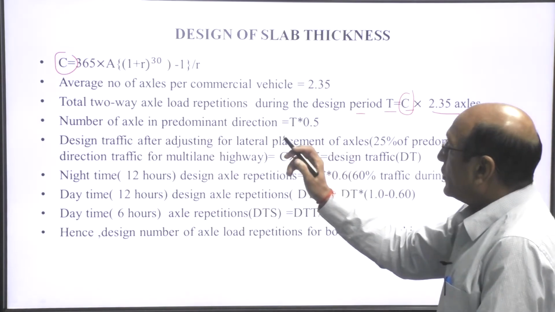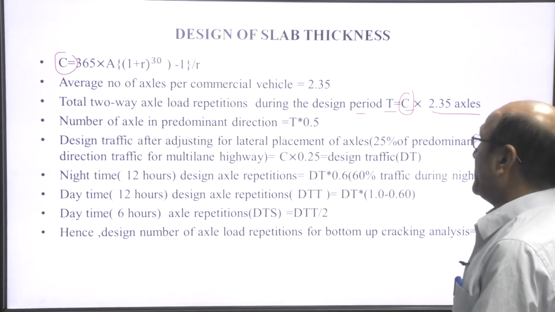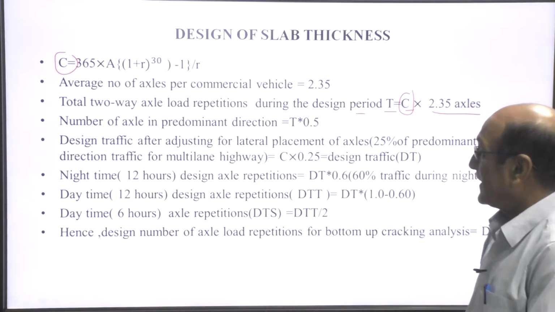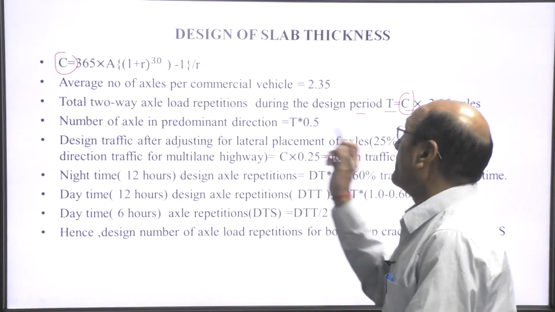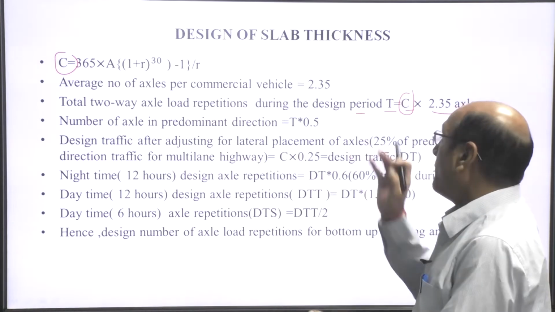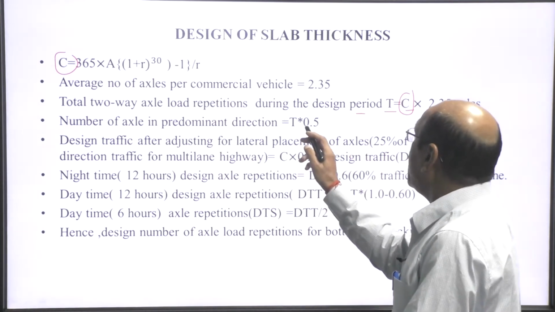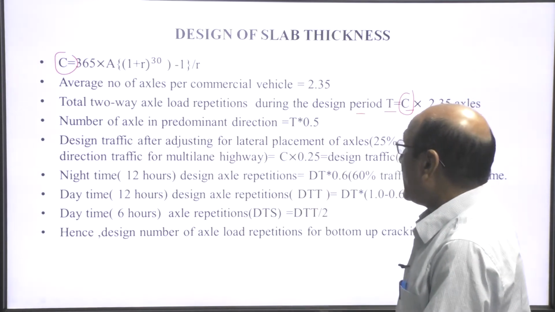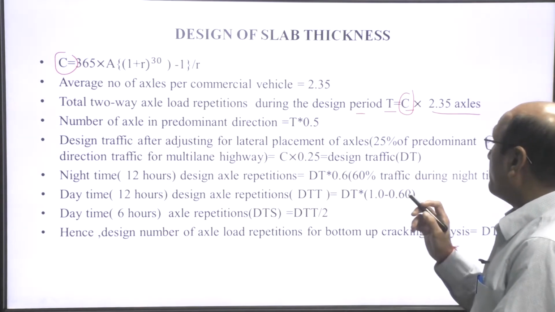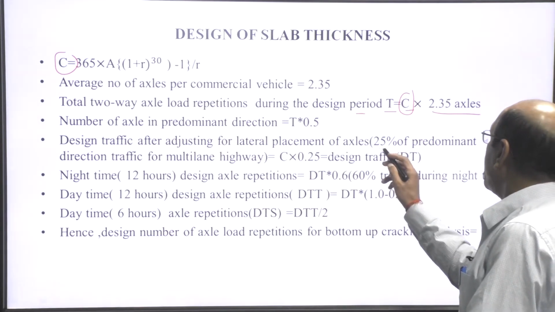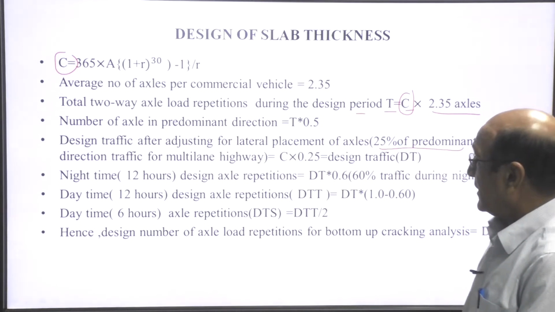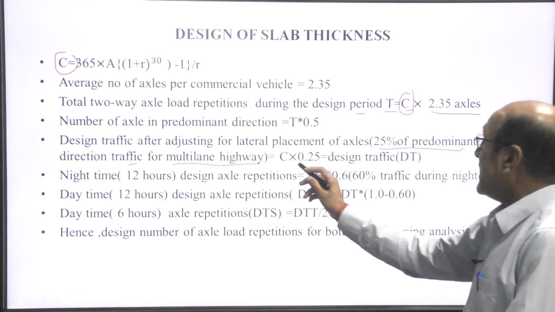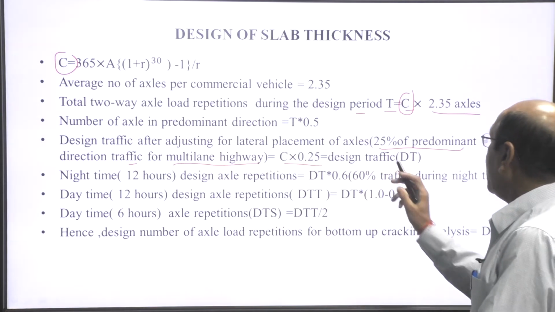Now, the number of axles in the predominant direction, that we have already taken as 50%, so it will be T multiplied by 0.5. Now, the design traffic after adjusting for the lateral placement of the axle, that is 25% of the predominant direction traffic for a multi-lane highway, will be C into 0.25. This is the design traffic DT.